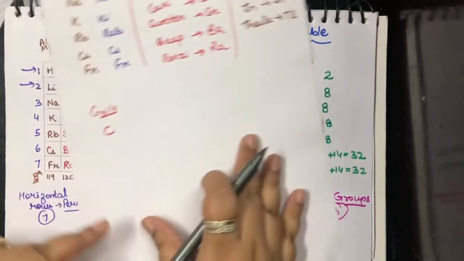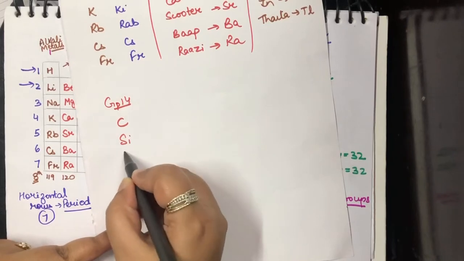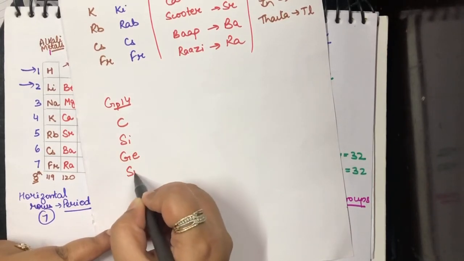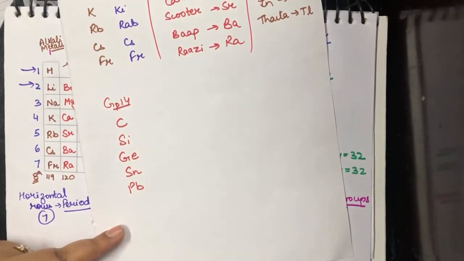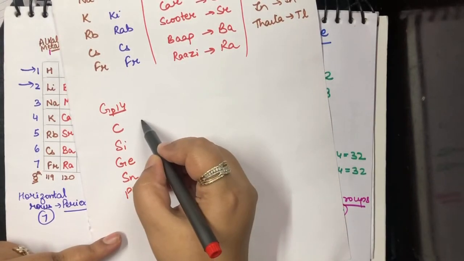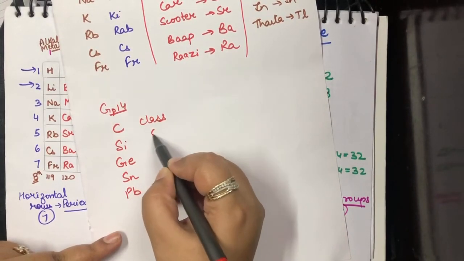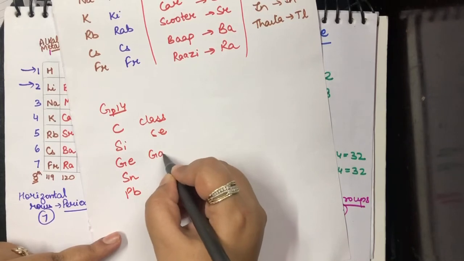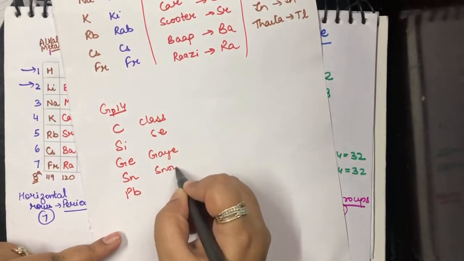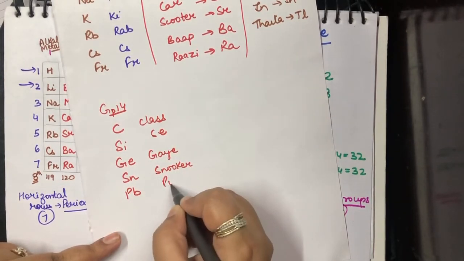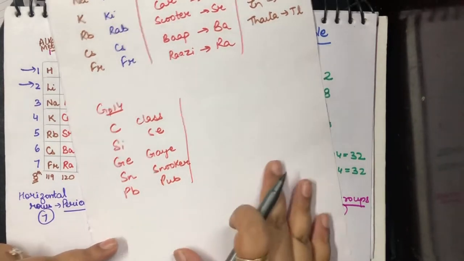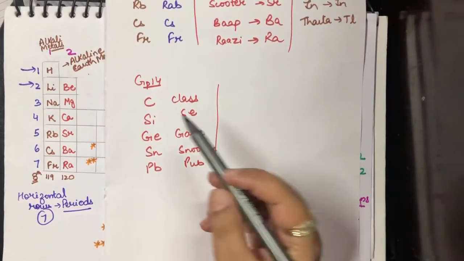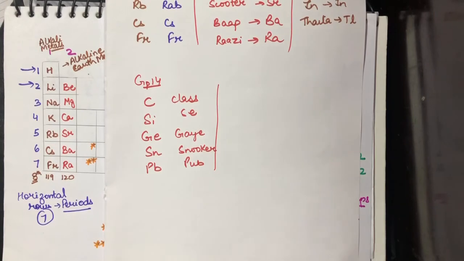It is carbon, silicon, germanium, tin, and lead. So the mnemonic for it is class se gaye snooker pub. It is carbon, silicon, germanium, tin, and lead.